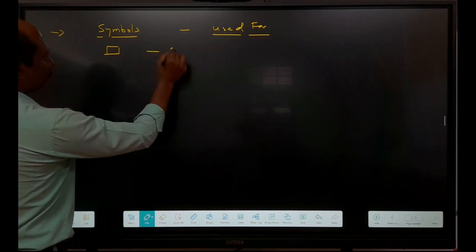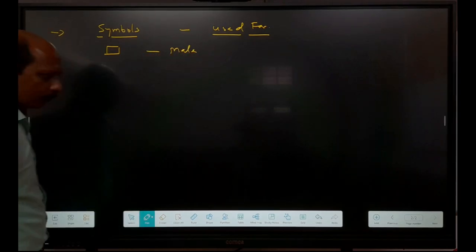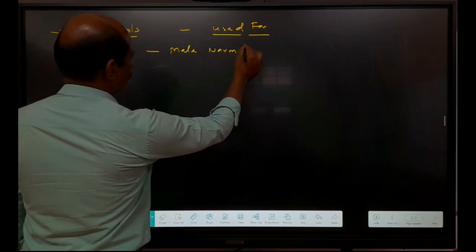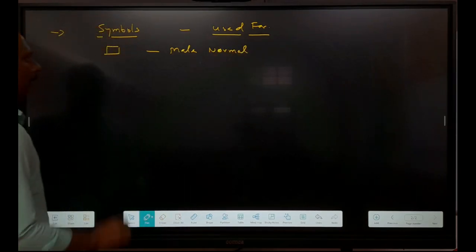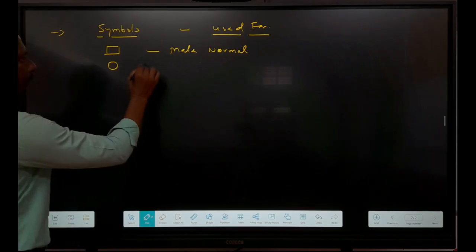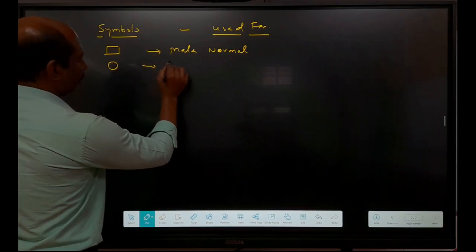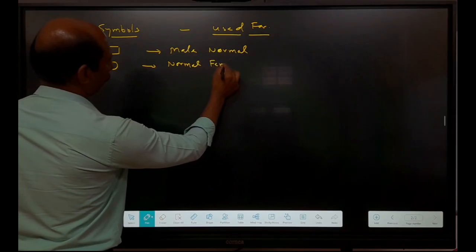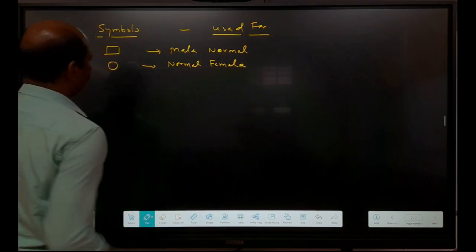Square means it is a normal male. Second, if it is given a circle, circle represents a normal female, right?